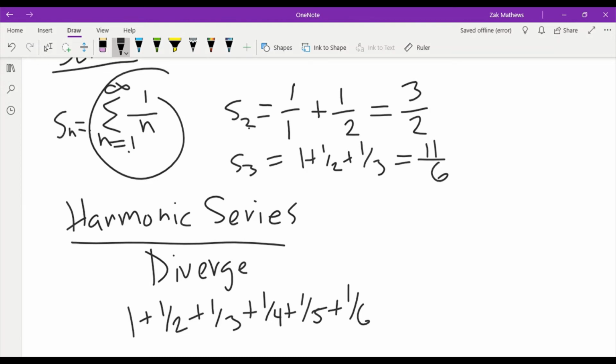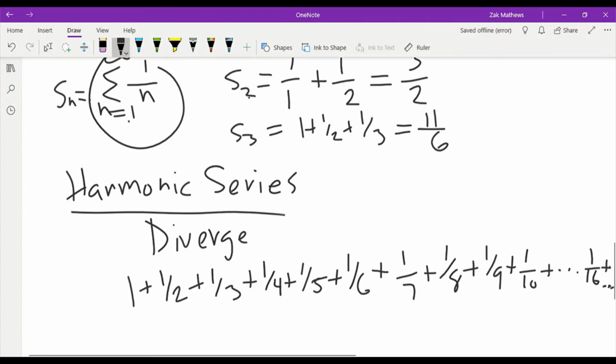But let me list out a few more still, because then I can combine them in an interesting way, unique to the harmonic series. I'll use some ellipses real quick. It continues all the way up to 1/16, and then, of course, it would continue from there. Dot, dot, dot.